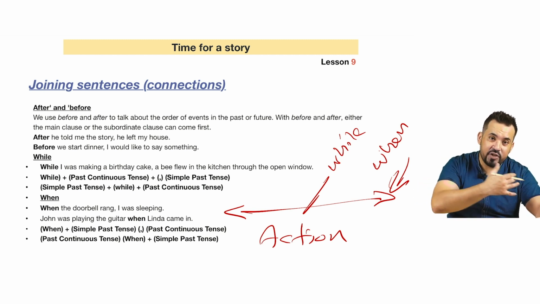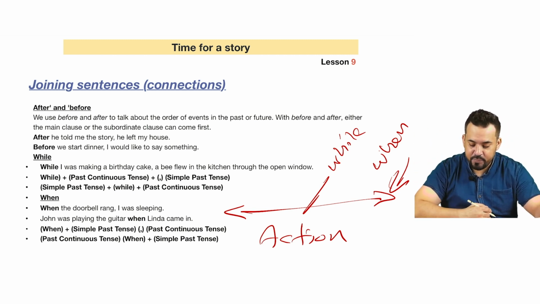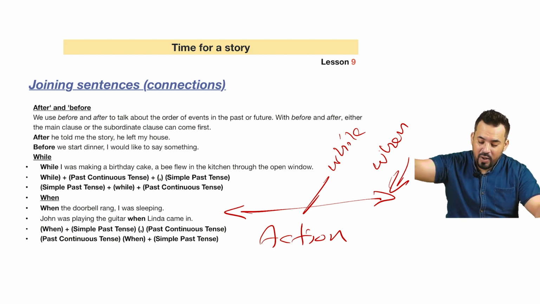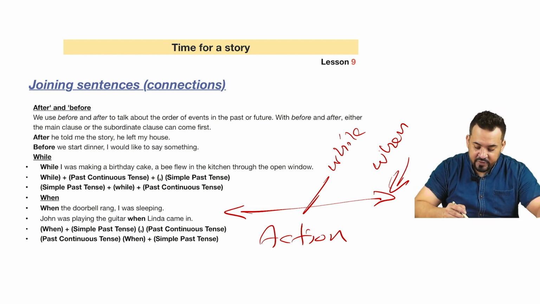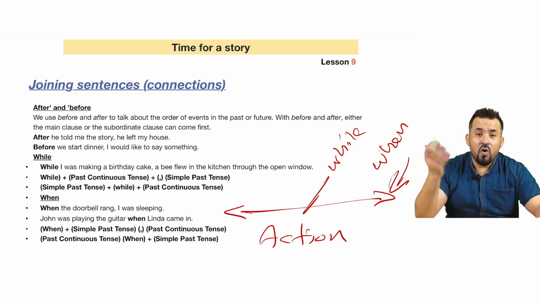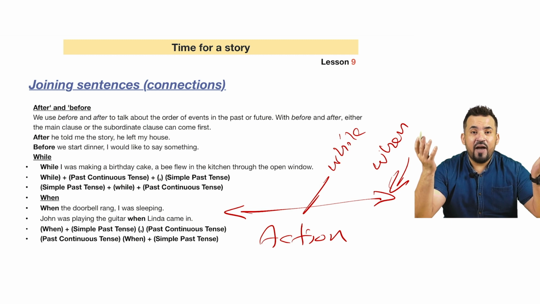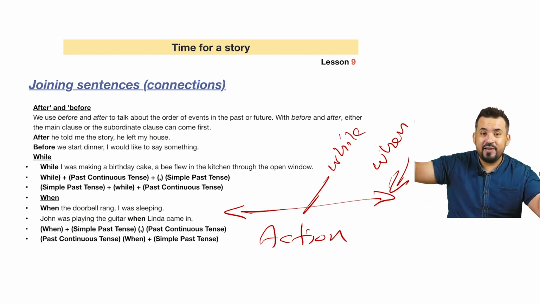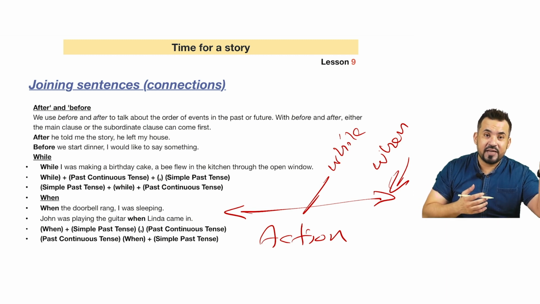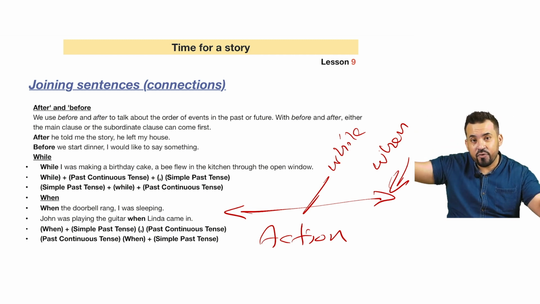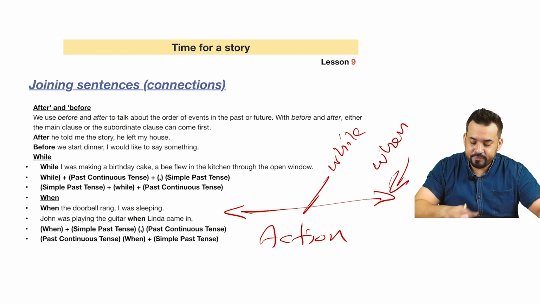Or you can have the past simple following when, then the past continuous, like when the doorbell rang, I was sleeping. Or you can say, when I finished studying, I had a coffee. Here in this case, past simple and past simple show what happened right after the action was completed.